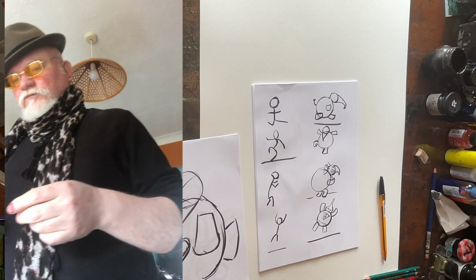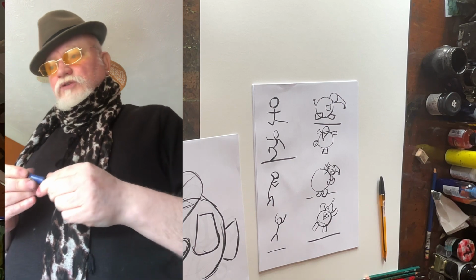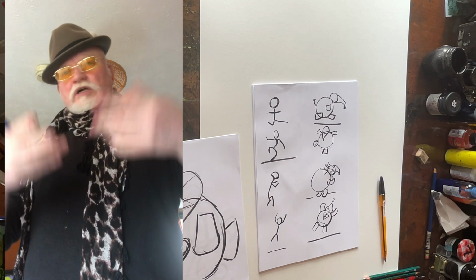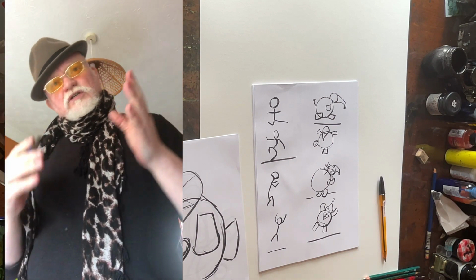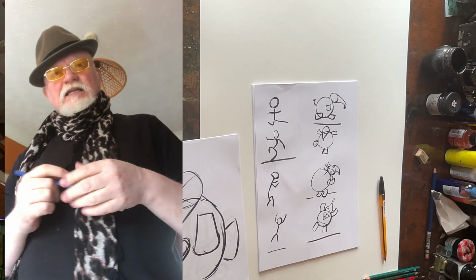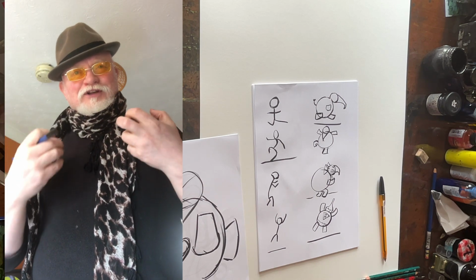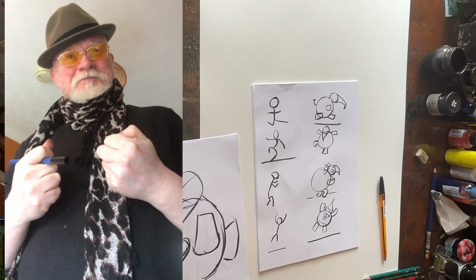Okay? Now, when you start to go back through the lessons and you start to add your expression, add your light and shadow, add whatever through the lessons, you will start to see that from 1 to 10 lessons, you've become a very, very expressive artist.